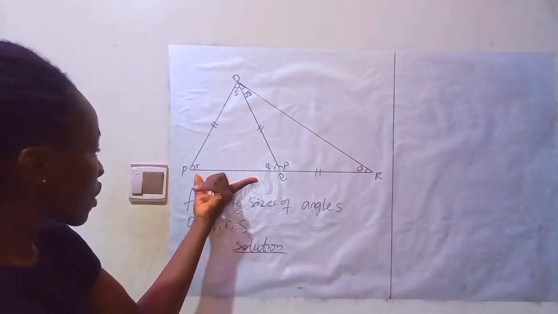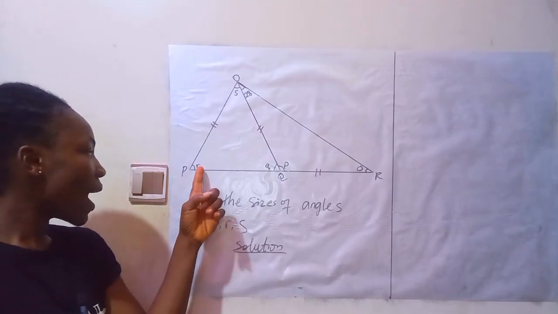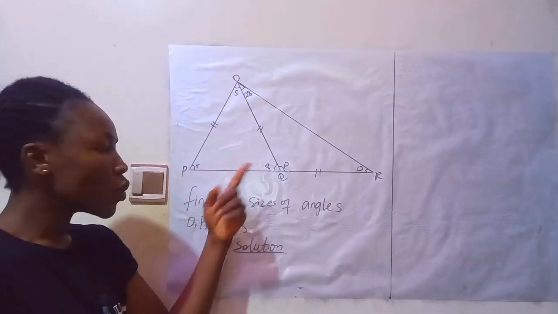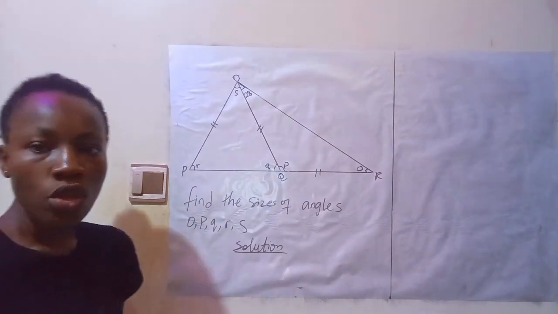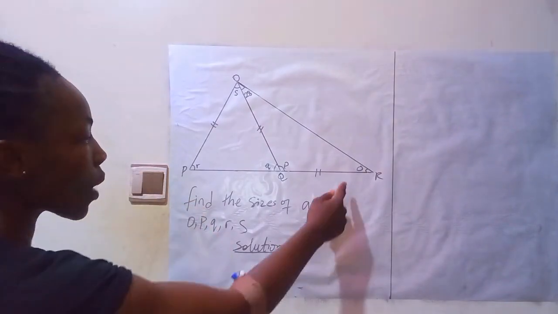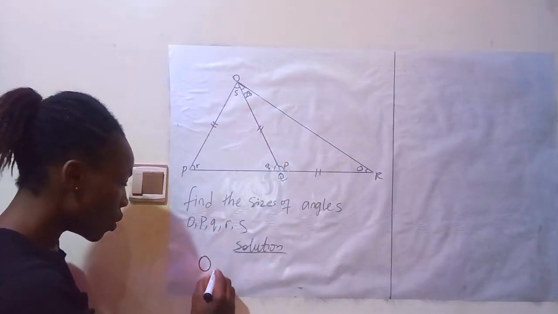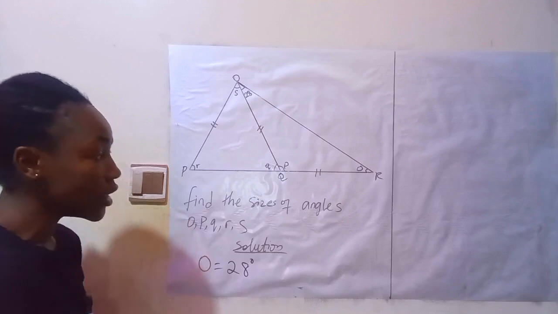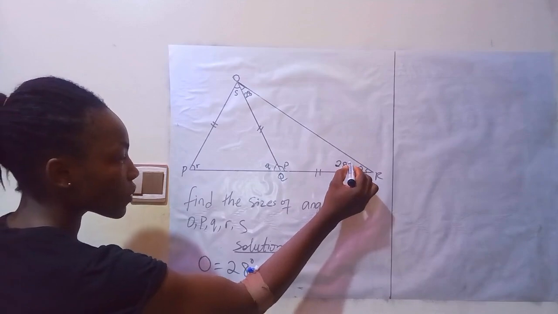And again, for this particular one, OPQ, the two base angles are R and Q. It also means that R is equal to Q. Since the two base angles of an isosceles triangle are equal, O equals 28 degrees. So we have gotten our O as 28.